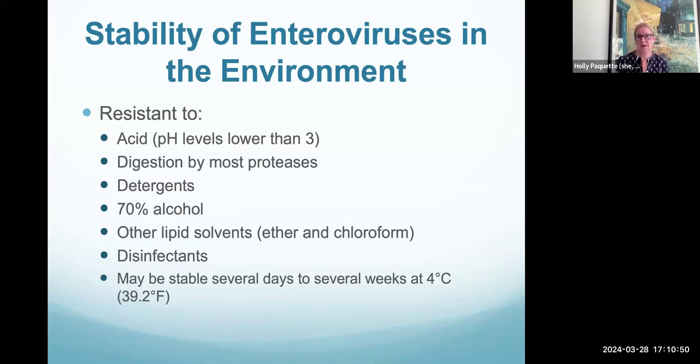And many of the disinfectants that we would think about using are not very good against enteroviruses. The other thing that we know is that it can be stable for several days to even several weeks at a cold temperature. So 4 degrees Celsius would be what you would think of as the refrigerator. So that's a way that they could be stored and remain active.